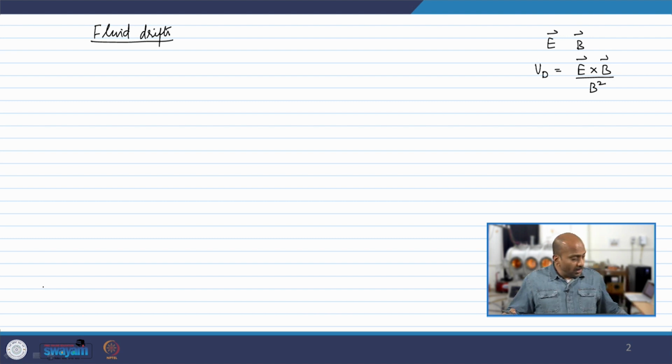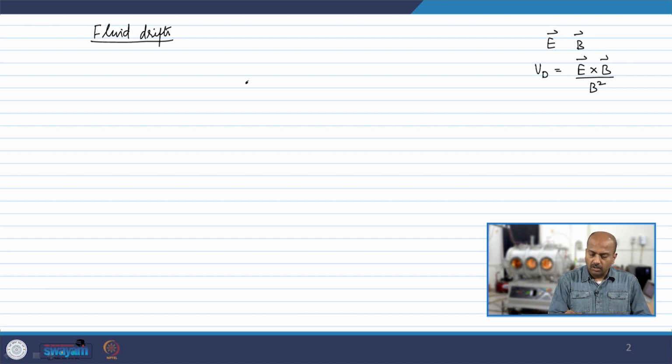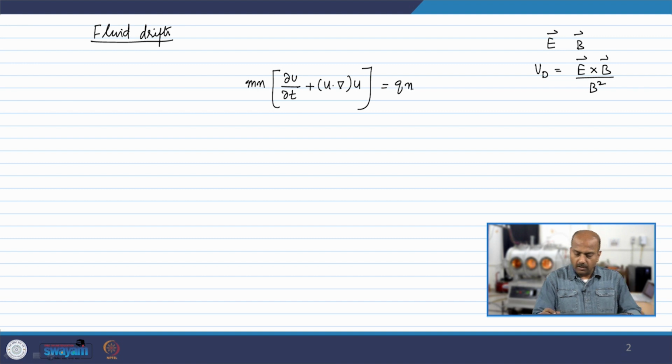If you look at the basic governing equation for plasma as a fluid, we have a set of governing equations. We do not have just one equation, we have the momentum equation, the continuity equation and so on. The basic equation looks like this: m n times (∂u/∂t plus u dot del u) is equal to q n times (E plus u cross B) minus del p.